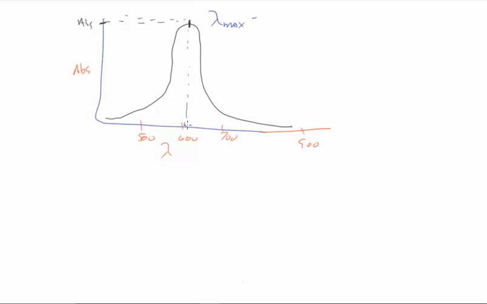All right, so make sure that you understand what lambda max is. The next thing is that we'll use that lambda max to test a sample of a stock solution. So for example, if we're interested in, say, copper, then we could make a solution of varying concentrations, and I'm going to go ahead and clear this again. And what we want to do is create a standard curve, and we did this in pre-AP, where we're going to graph absorbance versus concentration.